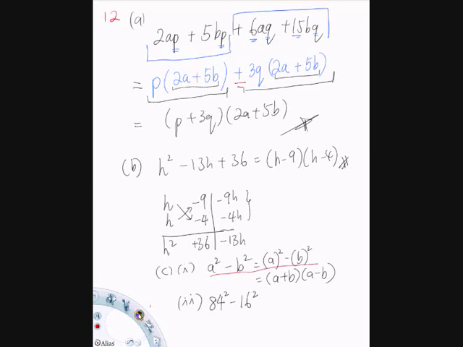In this case, a becomes 84, b becomes 16, and we can rewrite it as bracket 84 squared minus bracket 16 squared. Following the relationship, we will get 84 plus 16, 84 minus 16. 84 plus 16 is 100, 84 minus 16 is 68. So 100 times 68, you get 6800.